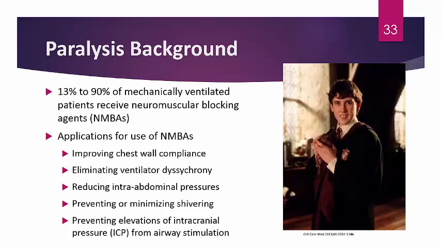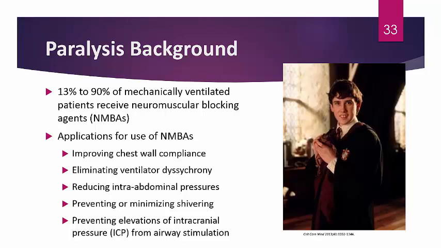One of the big things that we use paralysis for is to try to facilitate breathing in some cases, improve chest wall compliance, eliminate ventilator dysynchrony. So sometimes patients may be breathing over the ventilator as a result of a stress response, so they still may be agitated or anxious.